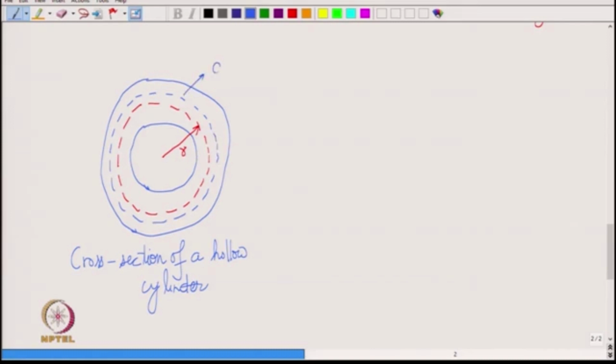So, this is after deformation, whereas the red one is before deformation. And let us think of what is the longitudinal strain for this circumferential line. So, longitudinal strain epsilon would be delta L divided by the original length L.